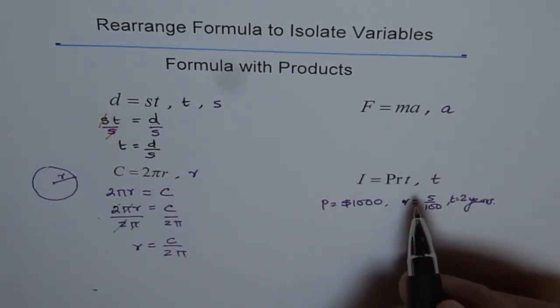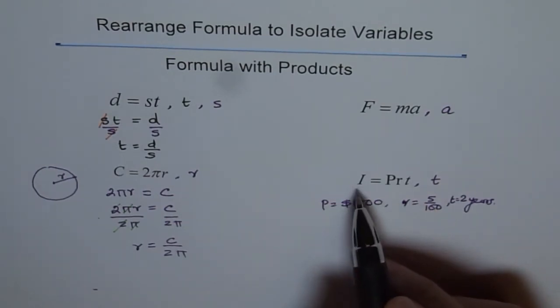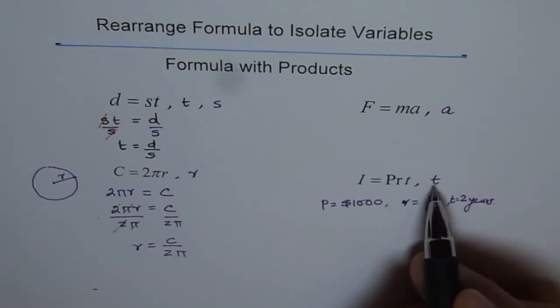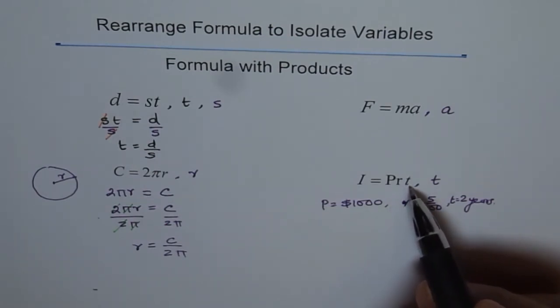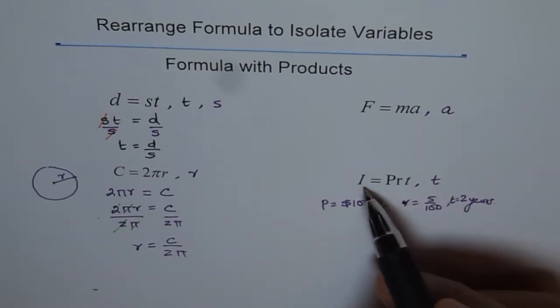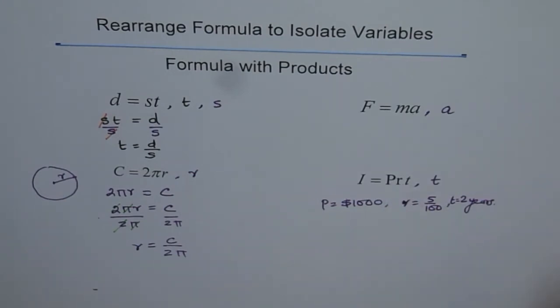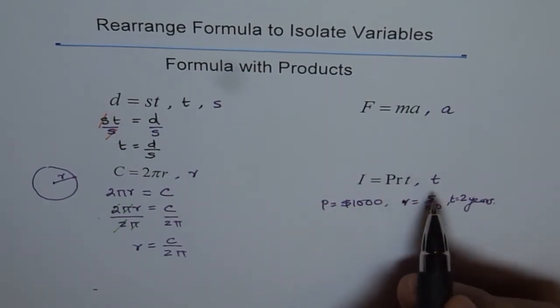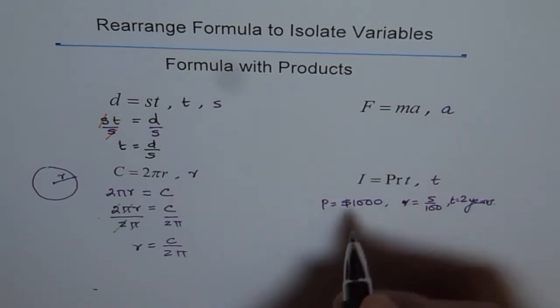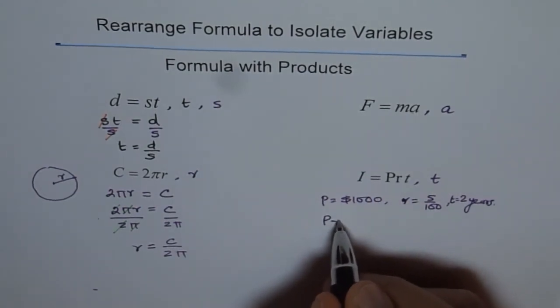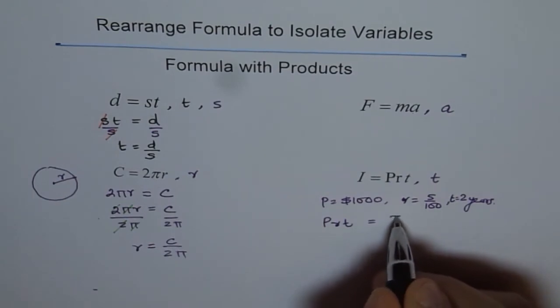But let us say if you know what interest you have earned and you want to find T, then how will you do it? You may have to rearrange this formula, that is to write T in terms of I, P and R. That is what it is, right? So to write T in terms of I, P and R, what should you do? Well, first we can write this equation as PRT equals I, right?